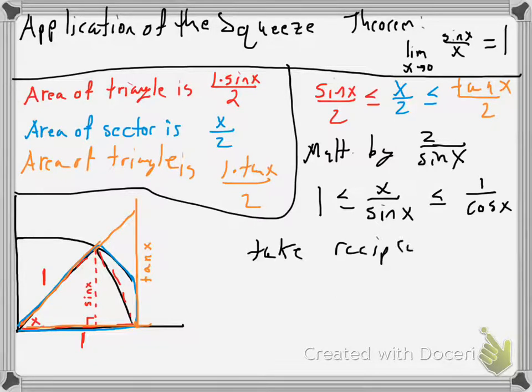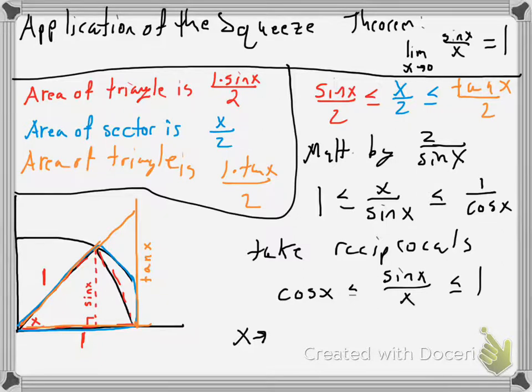So when we take those reciprocals, we're going to have the reciprocal of 1 over cosine, which is cosine, the reciprocal of x over sine x, which is sine x over x, and then the reciprocal of 1 is 1.